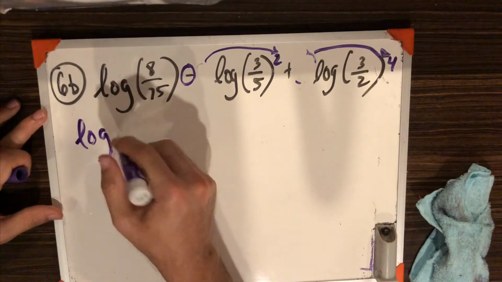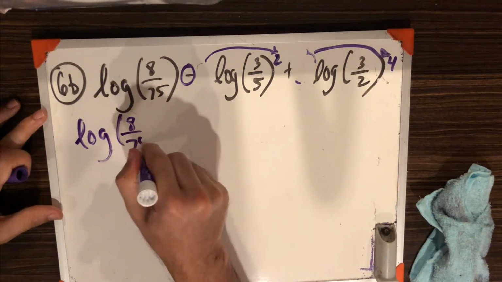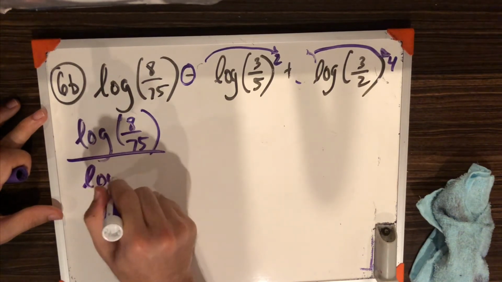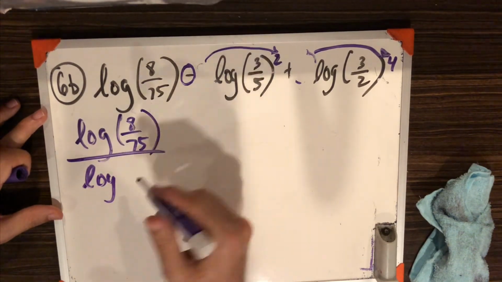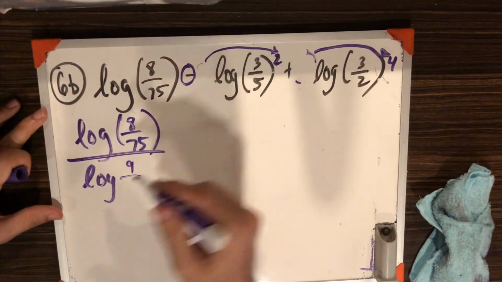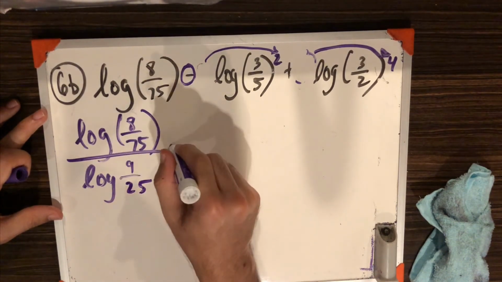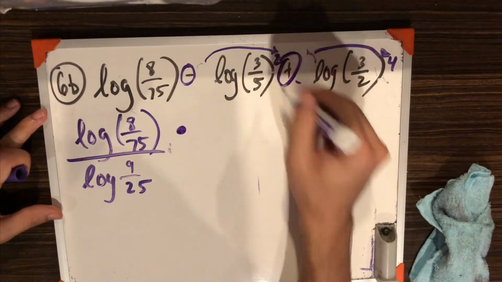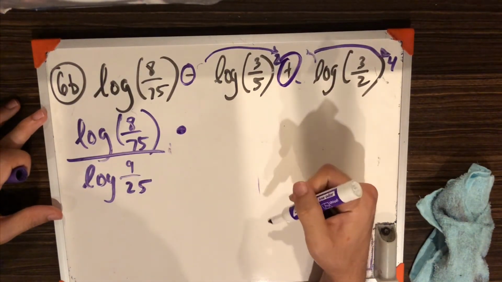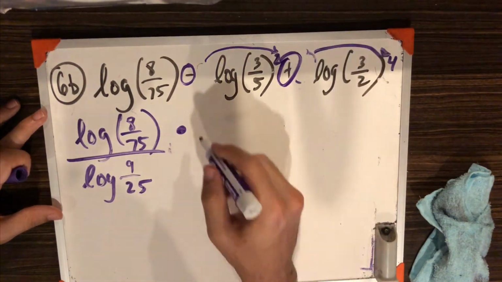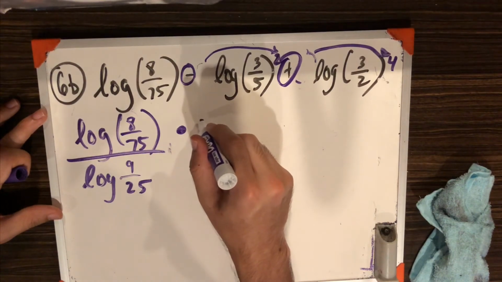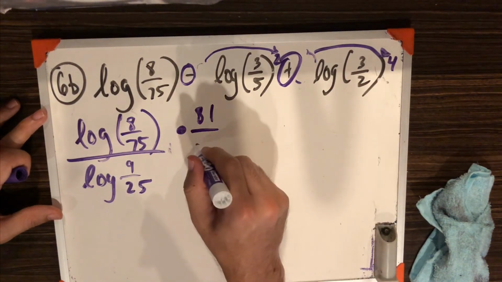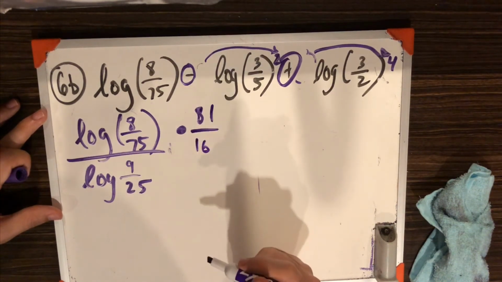So let's simplify here. 8 over 75. Again, we're dividing, so divide by a log. 3 squared is 9. 5 squared is 25. We're also multiplying, since we're adding here. 3 to the 4th power is 81, and then 2 to the 4th power is 16.